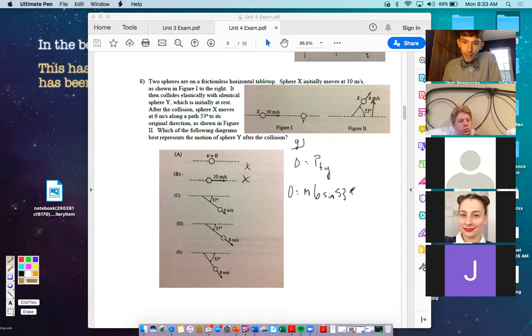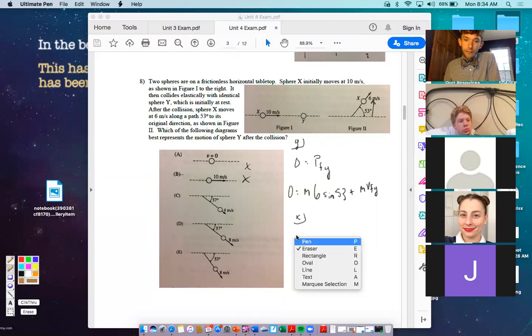And I'm going to add to that m times the velocity final in the y direction of sphere y. And so we can easily now rearrange this and solve for that final velocity in the y direction of sphere y. We could also do the x direction.